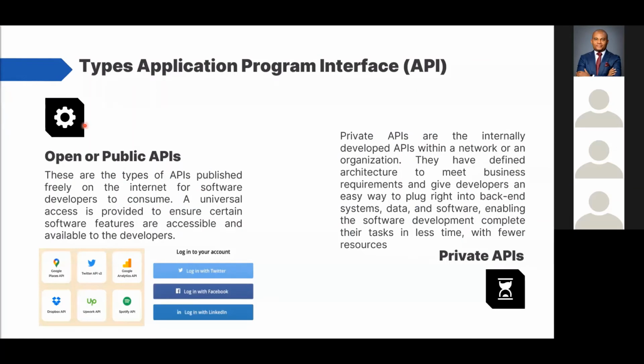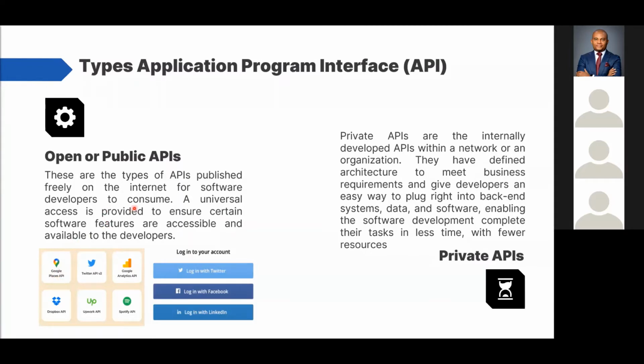Okay, so for the types of application programming interface, we have public APIs or private APIs. Most of the time we call public APIs open APIs, and I'm very sure you must have experienced these public APIs, whereby a lot of blue chip or popular organizations have their API services exposed for developers to consume.